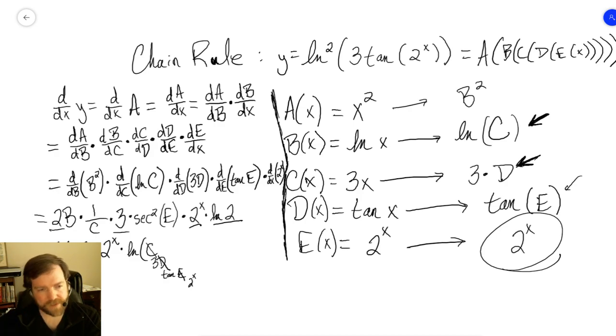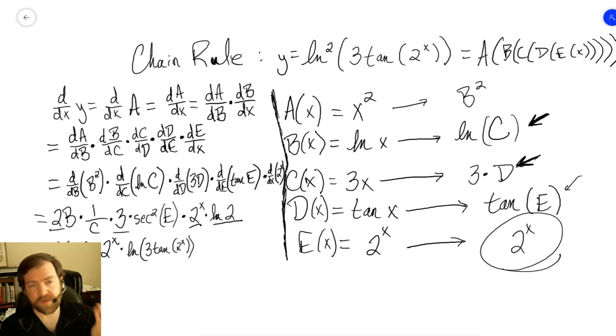So we can back this up now as the natural log of 3 tangent of 2 to the x. Now, it's also worth noting that this is basically the same thing as what we had at the top to begin with, and that is intentional.